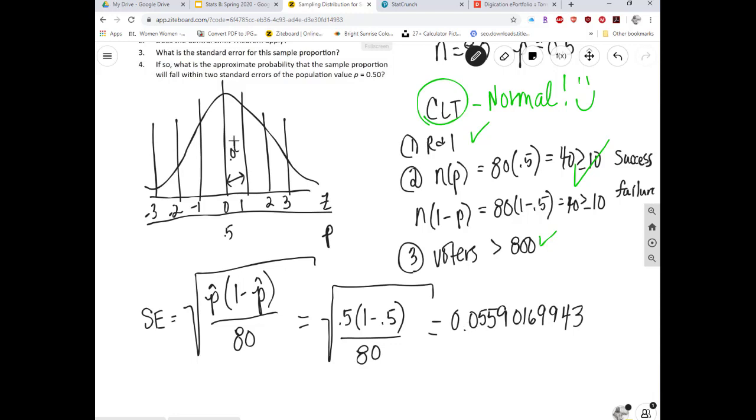Now this is just to create a model. What I'm doing now is I'm just creating a model to see how this is going to look. This is not a calculation, it's just strictly for my visual reference because it helps. So if this distance is 0.06, then this distance right here is going to be 0.56. Then another one is going to be 0.62, and then another one is going to be 0.68.